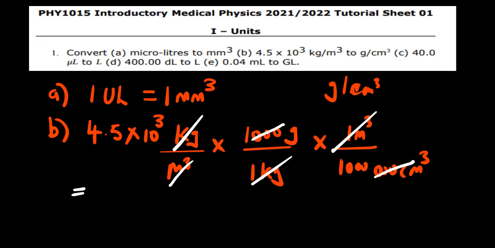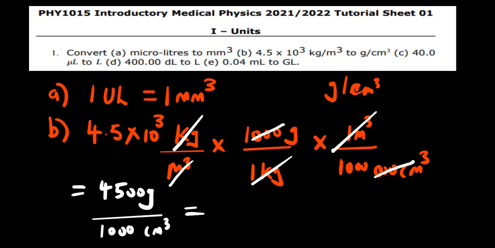Allow me to also convert this 4.5. Because it's multiplying by 3 zeros, it means the point is going to move 1, 2, 3. So when I do that, I'm just going to have 4,500 grams on top, because I've remained with this gram, divided by 1000 down, then there's a centimeter cubed, don't forget.